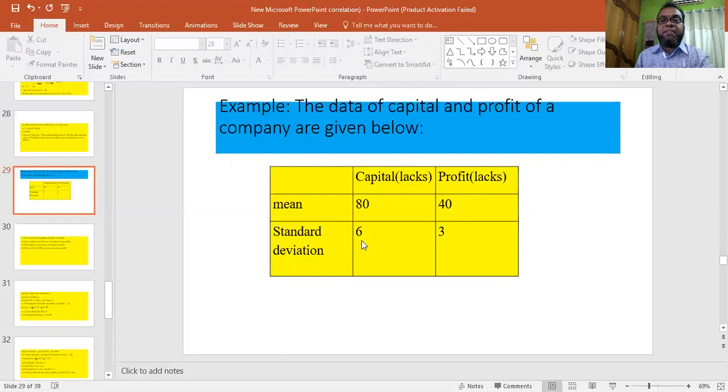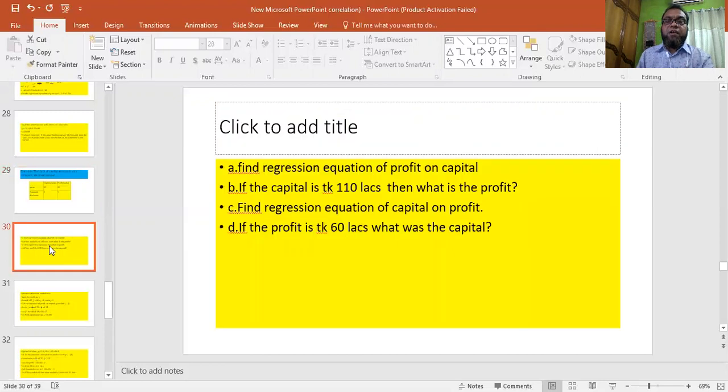That is, sigma X is 6 and sigma Y is 3. So from the above data, you are supposed to find the regression equation of profit on capital.